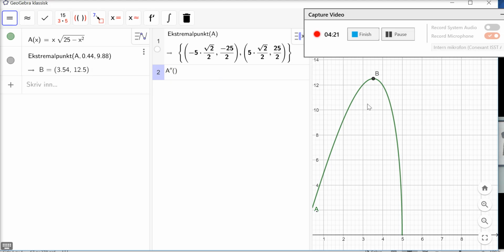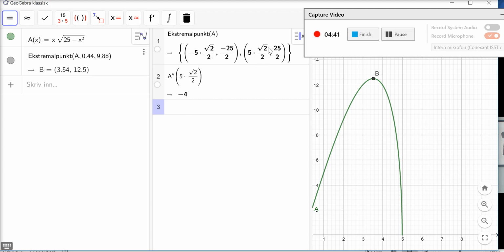If it says CAS, we can't look at the graph. So I just check the mood of the graph when the x coordinate is 5 times square root of 2 divided by 2, and then c is negative, which means that the graph is angry, which means that this is actually a maximum point.